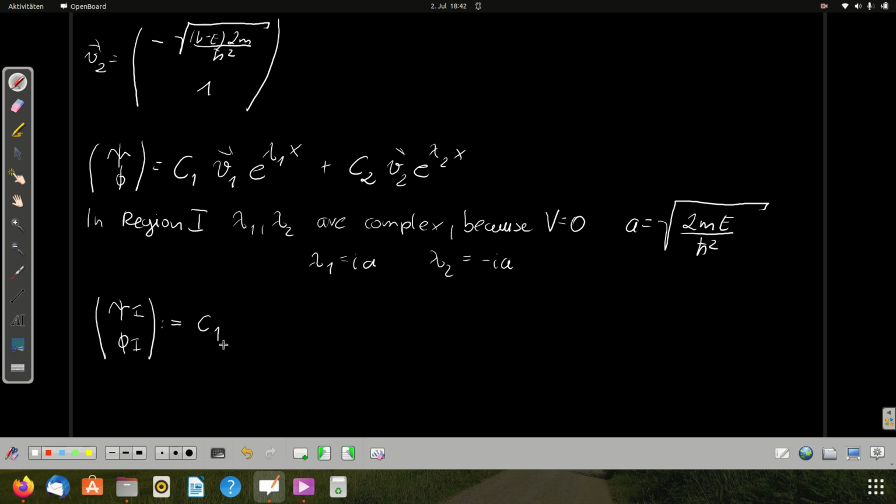But again, hopefully this doesn't cause any confusion. Here I use the same expression as here above. Whatever this yields, minus IA, 1, e to the power minus IAx plus C2, IA, 1, e to the power IAx.